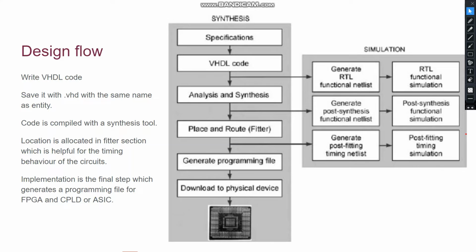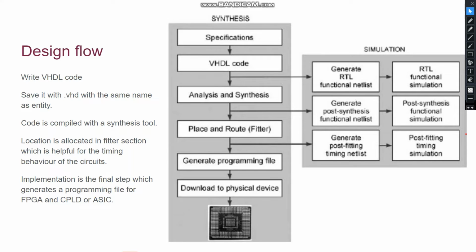Moving on, we have the design flow. You can see that there is synthesis as well as simulation. These two play a major role. What is synthesis? Synthesis is the procedure that is shown in the flowchart here. First you need to know your specifications, and after specifications you get the VHDL code.